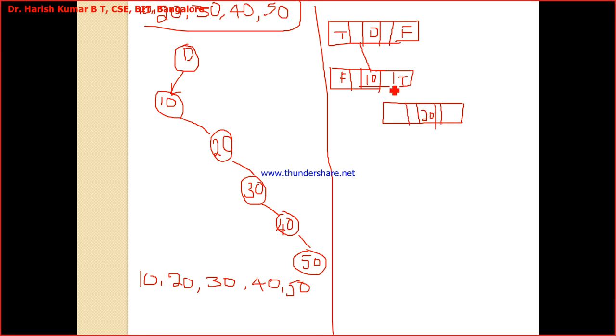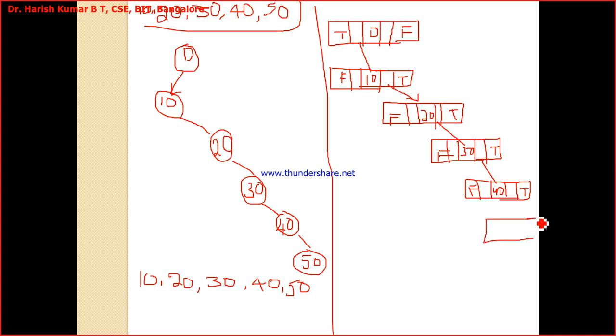Now here it is pointing to this. Next, again this is false, and the right child for 20 is 30. Again this is false, this is true, and here also true, 40. This is false again, and for 40 this is true.